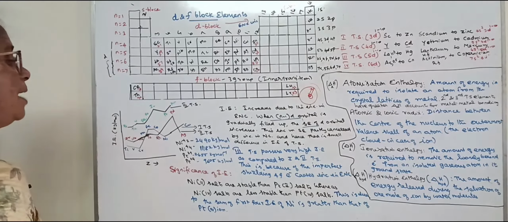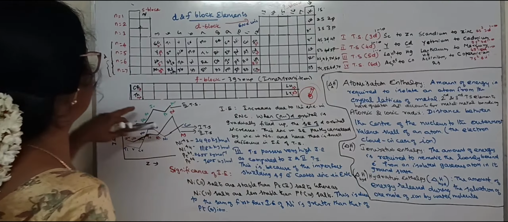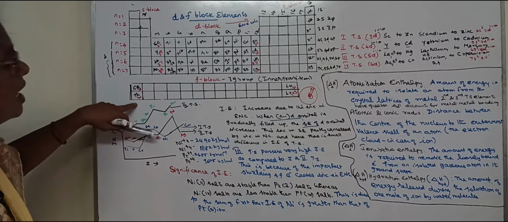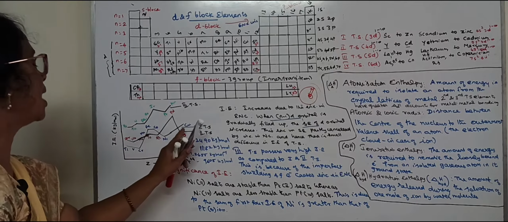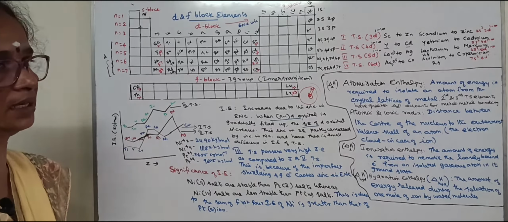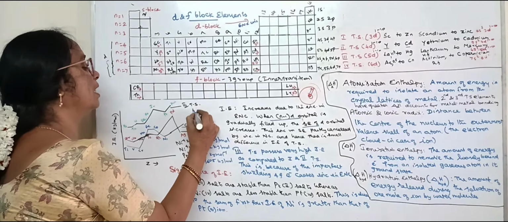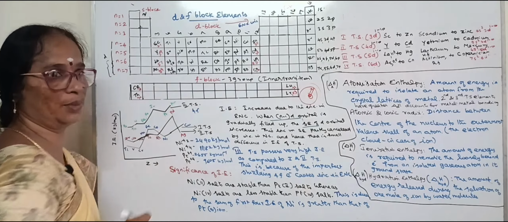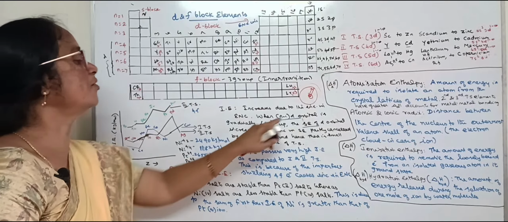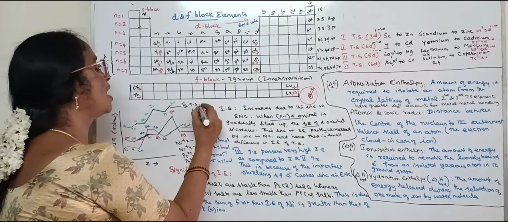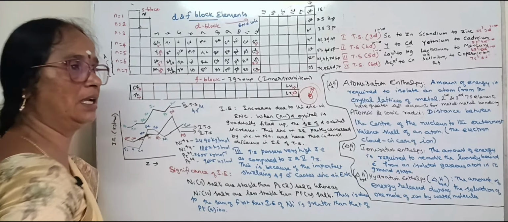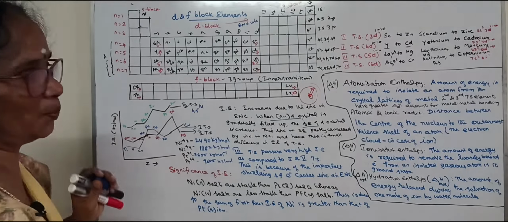At the same time, the third transition series elements possess very high ionization enthalpy compared to the first and second. Once again, this is because of the filled 4f orbital. Before filling of the d orbital, the 4f orbital gets completely filled as it belongs to the 6th period.